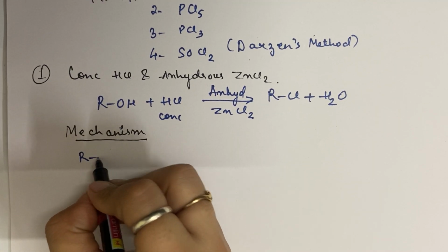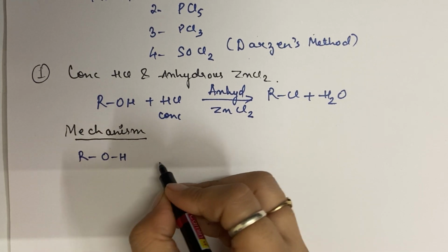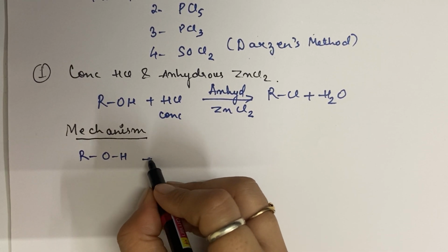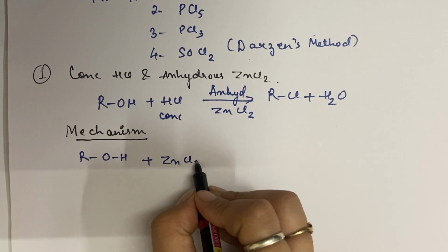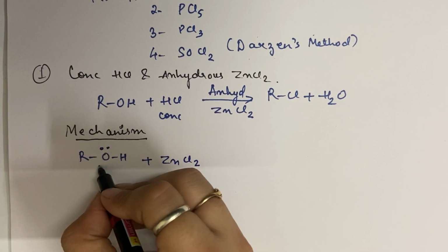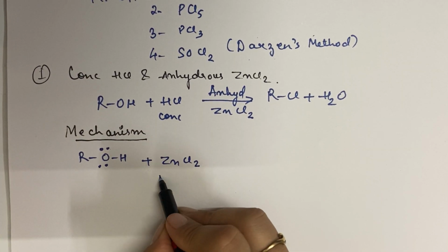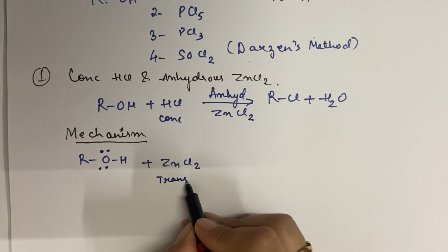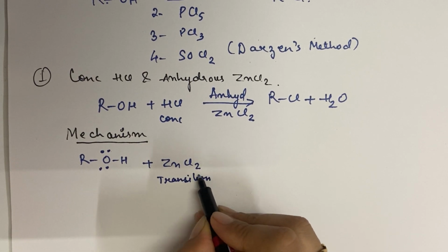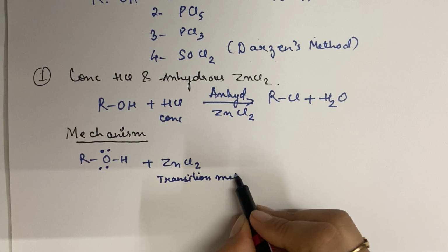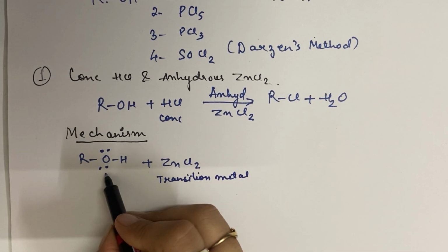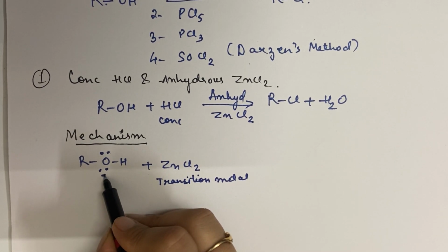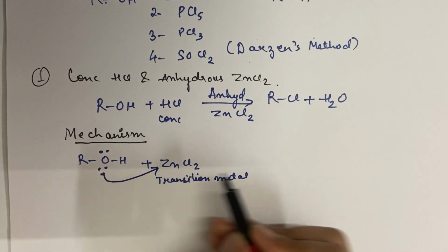As you know that in alcohol, oxygen is present, and oxygen has lone pairs, and Zn is a transition metal, and transition metal has the tendency to make coordinate bonds, right? So oxygen will give its electron to zinc.